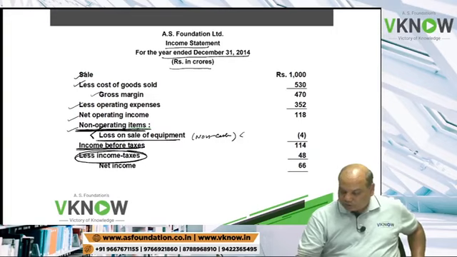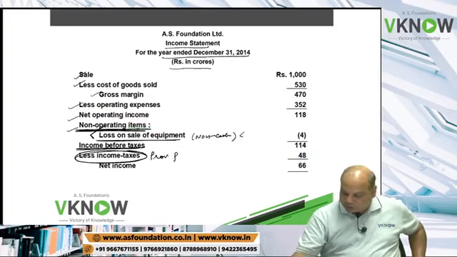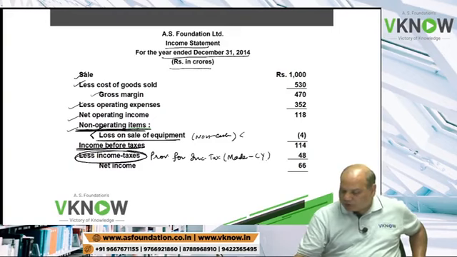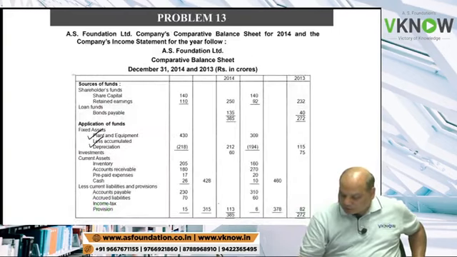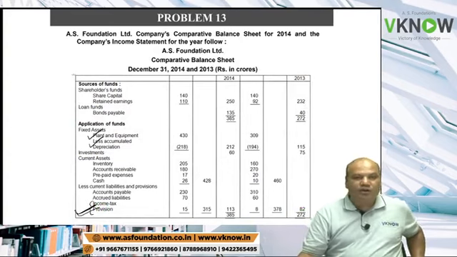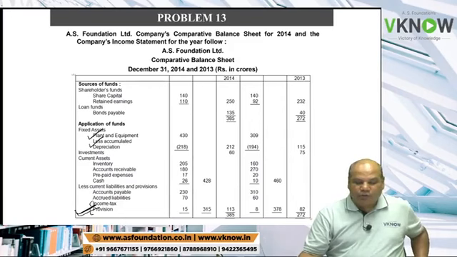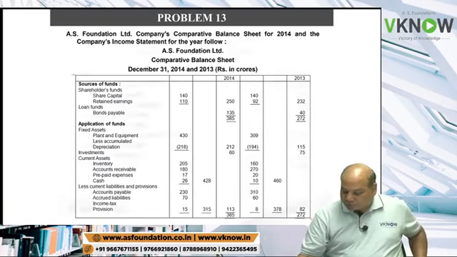less income tax. So this is the provision for income tax made during the year, in the current year, CY. Tick mark this last item, income tax provision.